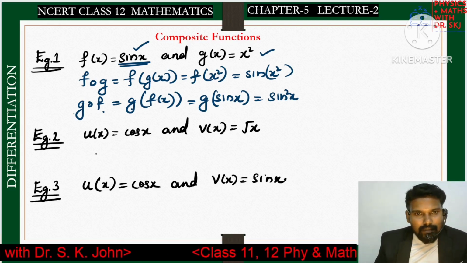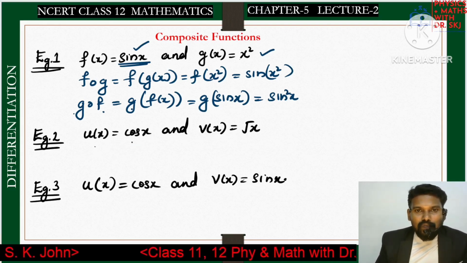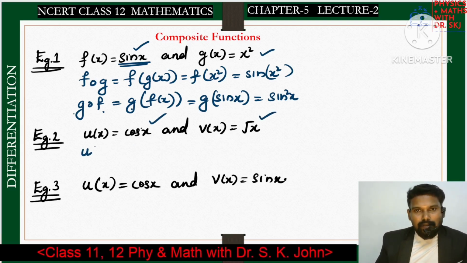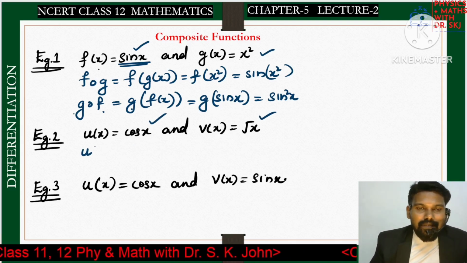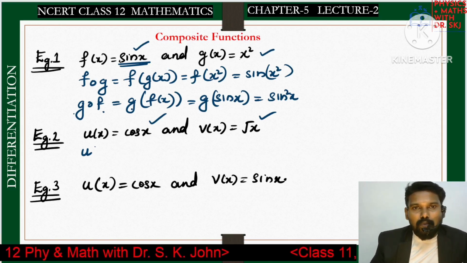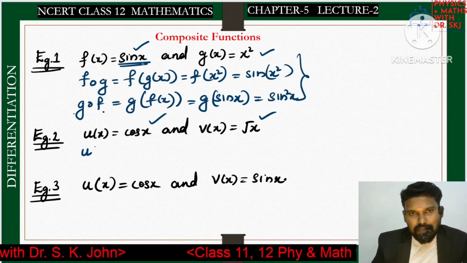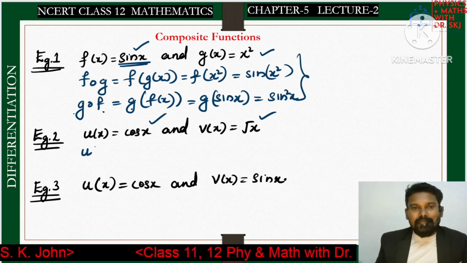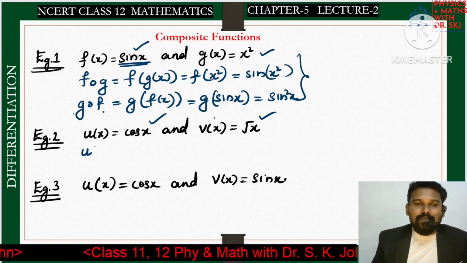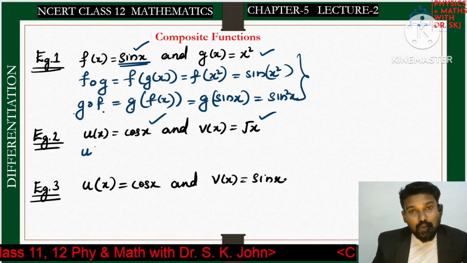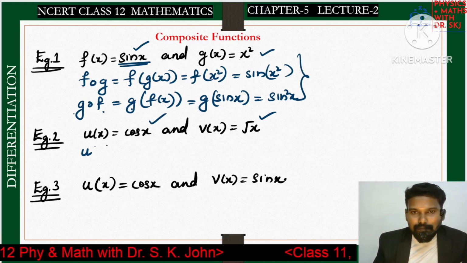Similarly here, u of x is cos x and v of x is root x. In class 11 you have used the notation f composition g and g composition f. So I have used the same notation for the first example, but for the other examples we are using another notation that the NCERT class 12 textbook has used.